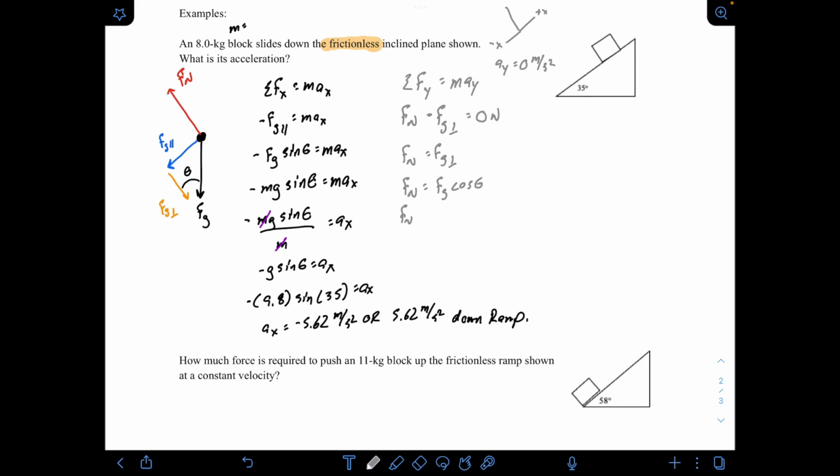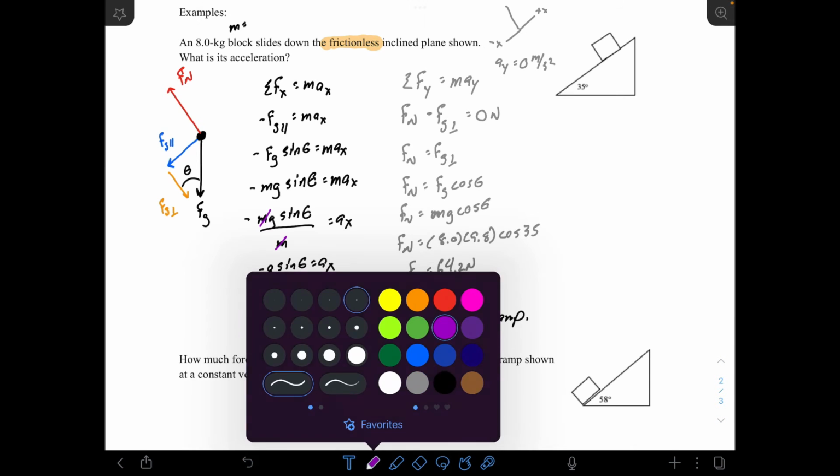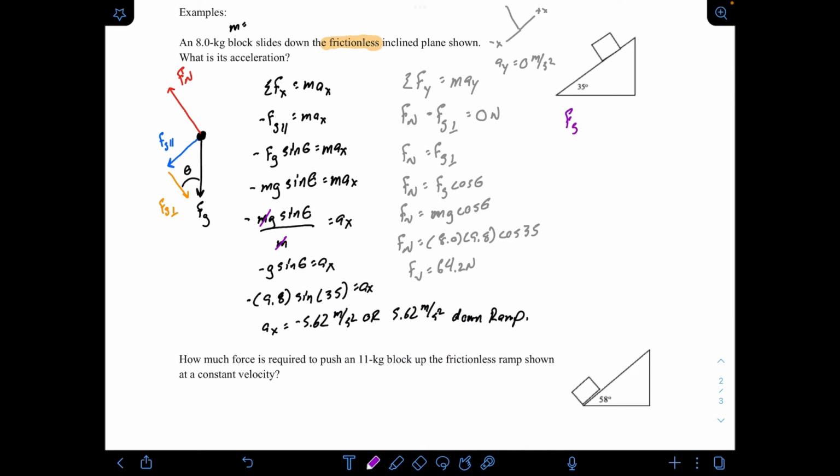And when I plug stuff in, it's mg cosine theta. So I'm plugging in all my known values. So it looks like the normal force here is 64.2 newtons. Compare that with Fg equals mg.